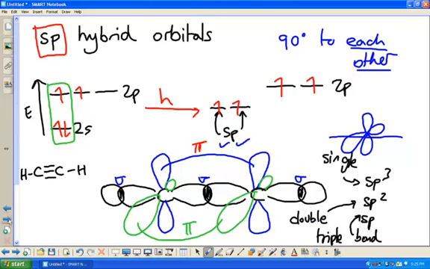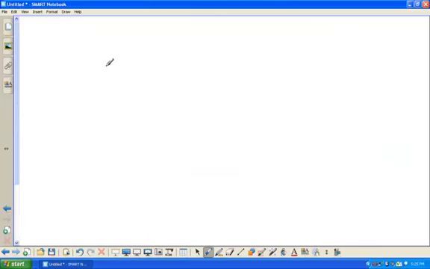Alright, so if we just look at one thing here, if I was to say, well, here's a molecule of hydrogen cyanide, and I was to ask you, what's the hybridization about each of these two atoms? We aren't concerned about the hydrogen. Well, what we've got to look for is how many directions electrons are going in around those atoms.